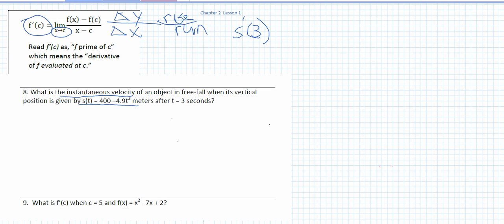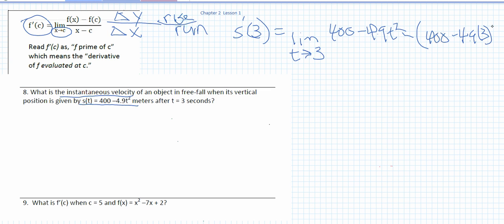To find this derivative, or the instantaneous rate of change, it's the limit as t approaches 3, because we're using the t variable in this problem, of f of t, which is the function 400 minus 4.9 t squared, minus, this time plugging in 3 for t, but I don't want to multiply this out just yet, all over t minus 3.